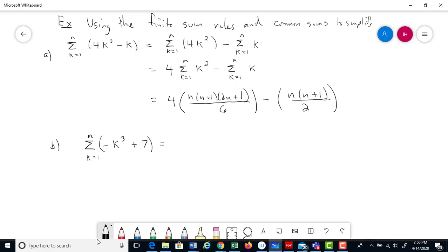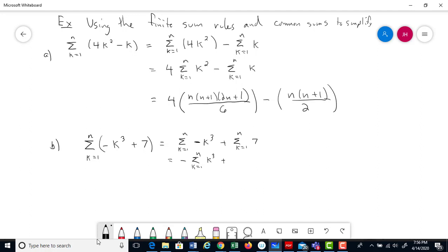So what I know is the summation of the sum is the sum of the summation. So this is the summation from k equals 1 to n of minus k cubed plus the summation from k equals 1 to n of 7. Now also I can pull out constants, so this is going to be minus the summation from k equals 1 to n of k cubed plus the summation from k, well actually I already know this answer too, so I'm going to simplify this one. So this one's done. I have it set up.